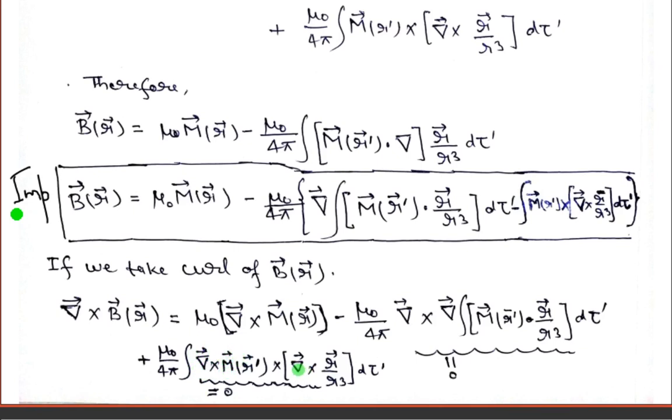The curl of r vector upon r cube is again a given vector, and we are taking the cross product with M, which is a function of r prime. So if you operate the del operator, which is a function of x, y, z, on M, which is a function of x prime, y prime, z prime, this integral will become equal to 0.